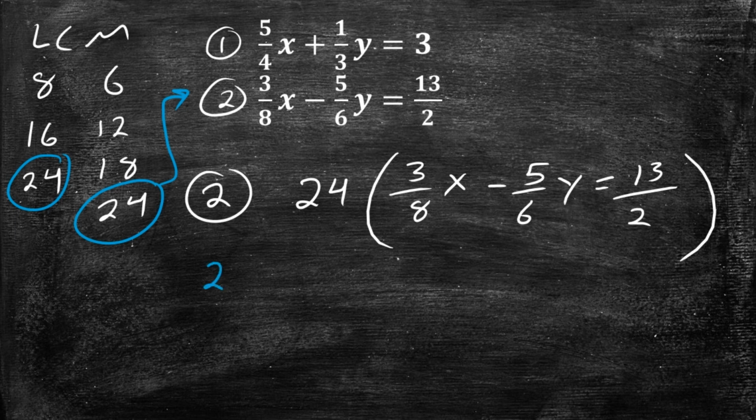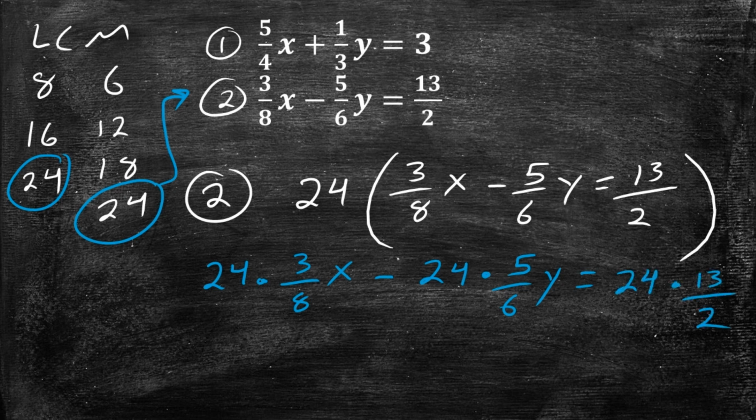So we will get 24 times 3 over 8x minus 24 times 5 over 6y is equal to 24 times 13 over 2. All right, so now what we want to do is simplify.